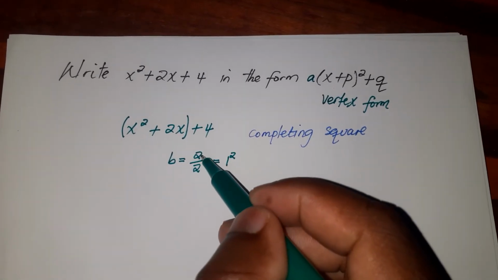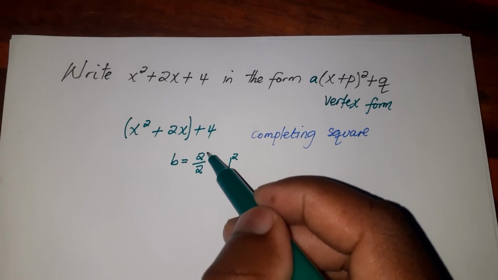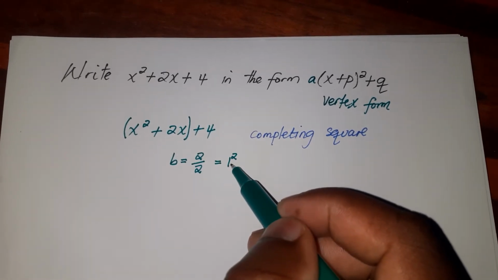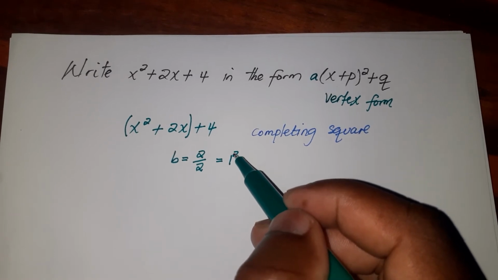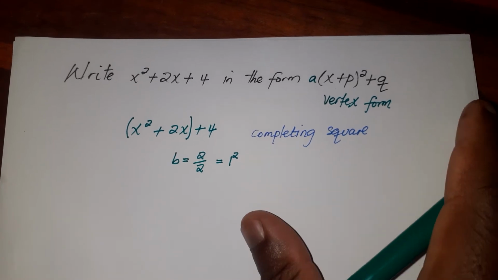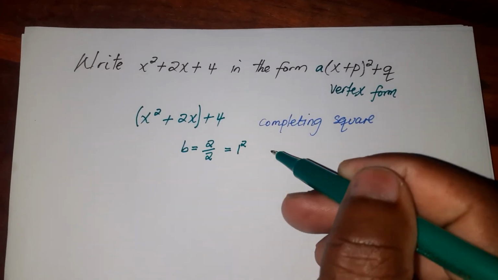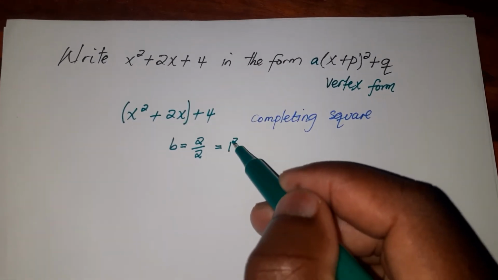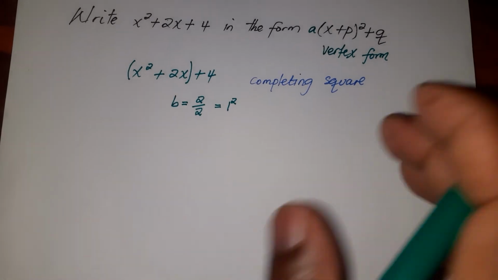Now if we had an improper fraction here that we cannot reduce to a whole number, and then we are ending up having a fraction here, you don't need to write it in decimal, leave it as a fraction. But in our case, in this example, we have a whole number, so we can square that the way it is.